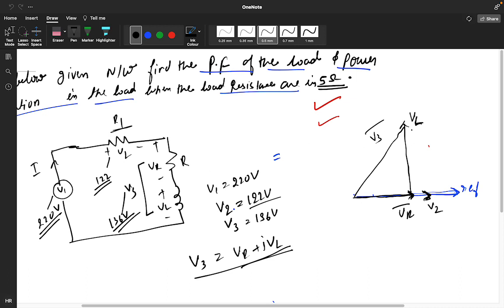V1 is the combination of V2 and V3, so you will get your V1 here. So here we have a phi angle. And this is your current I, because it will be in the same phase as the resistance.